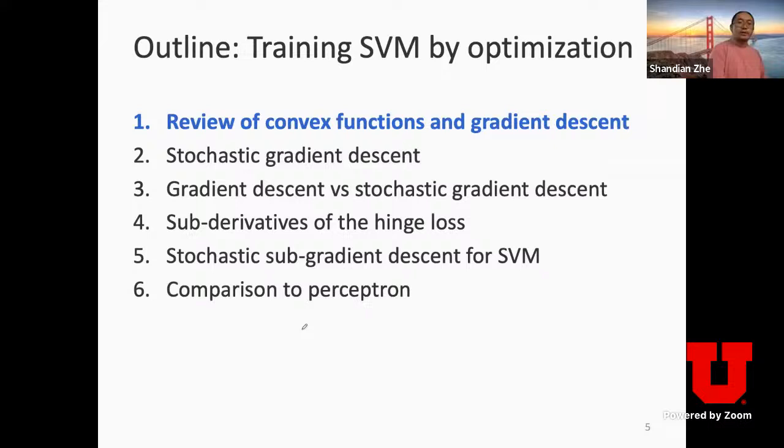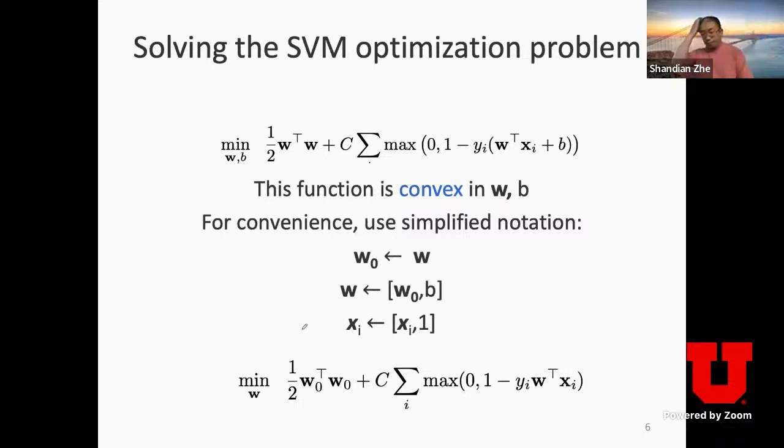Okay, so first, review of convex function and gradient descent, right? So if you look at the SVM objective function, it's pretty easy to show this is convex. Why? You can see that there are two terms here, right?